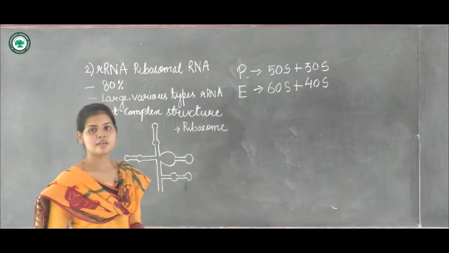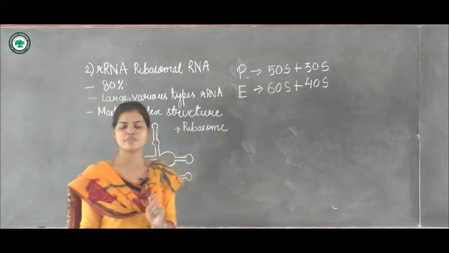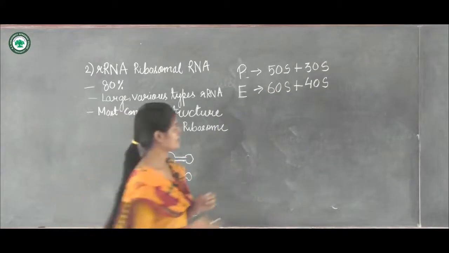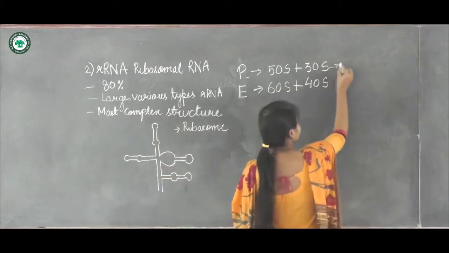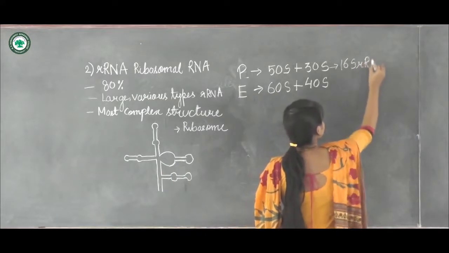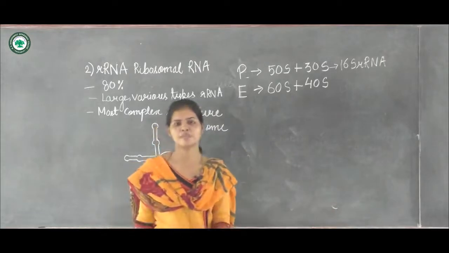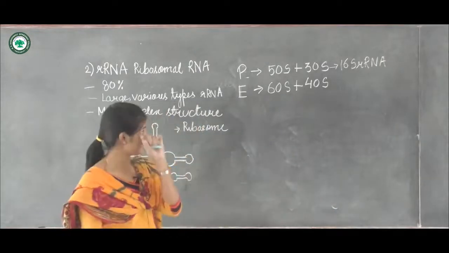Suppose in the 30S subunit of prokaryote, there is presence of 16S rRNA. So there are different types of rRNA which will be present in the ribosome.